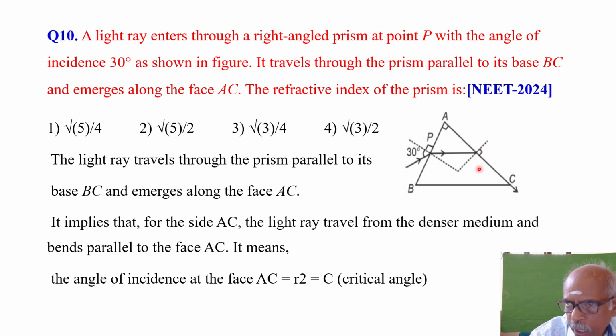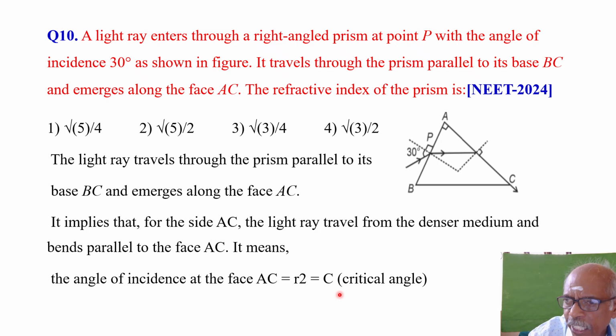This is the normal, and the angle between the normal and face AC is 90 degrees. So the angle of incidence at face AC is R2, and this is the critical angle C.